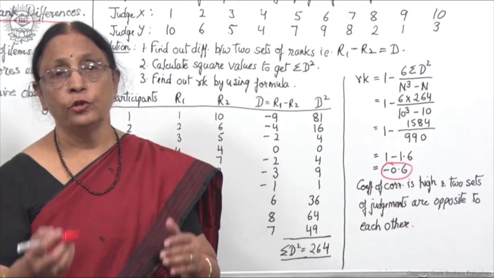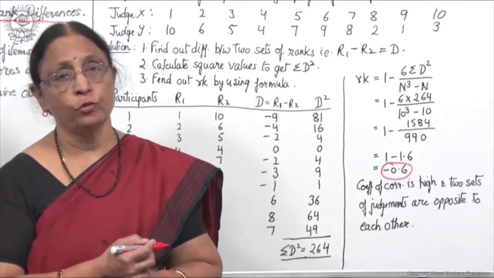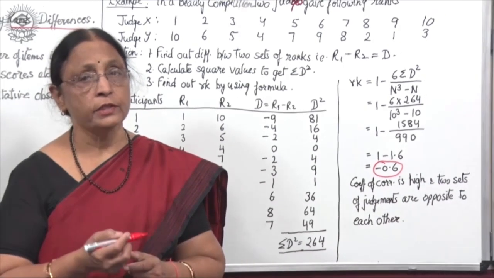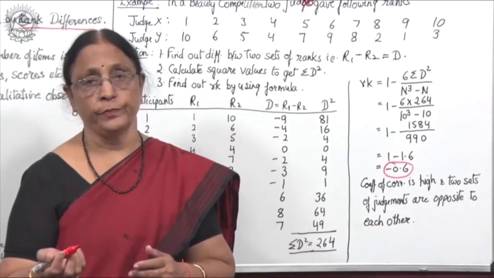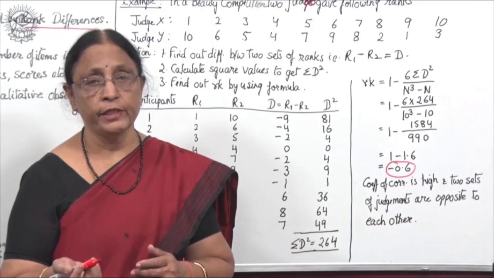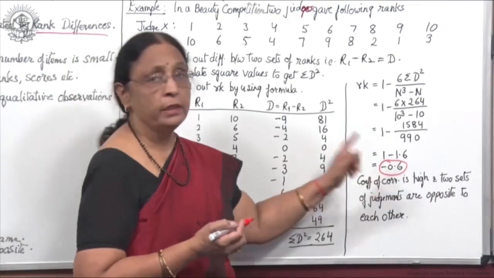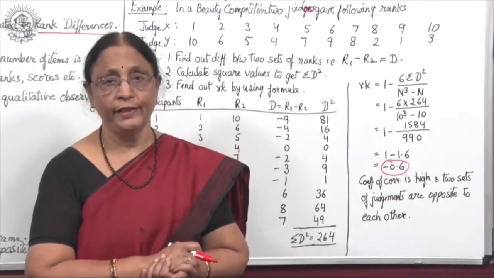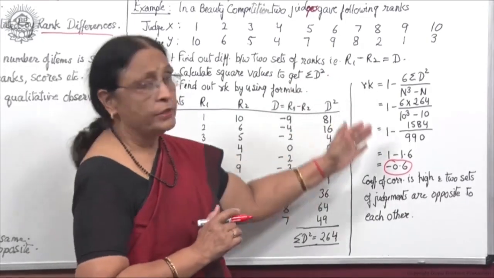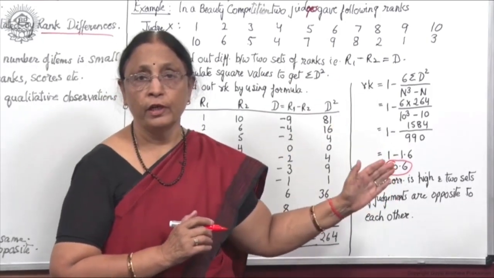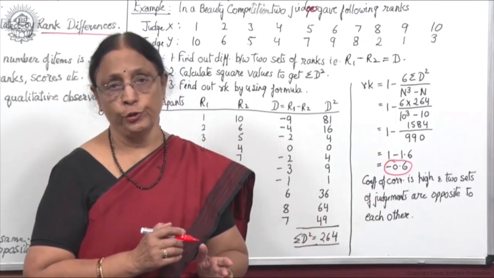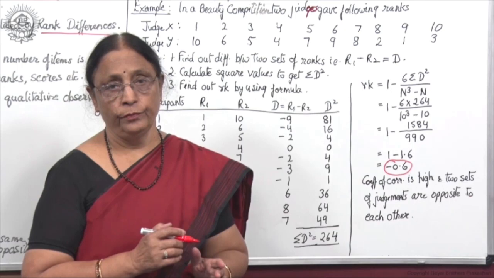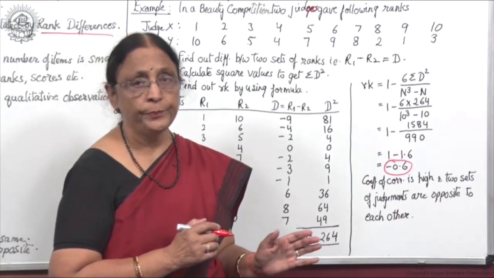That means two sets of observations by two judges, or the ranks given by two judges, are moving in the opposite direction, not in the same direction, because the answer is in negative, right? So in this way, this shows the calculation of rank correlation when ranks are given to you. I think you have followed this method.